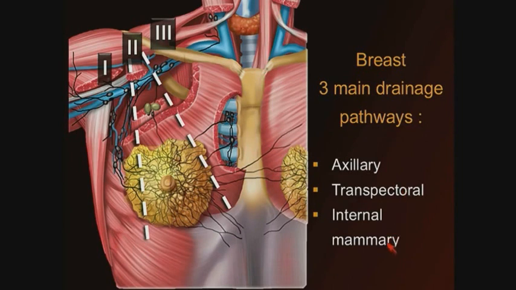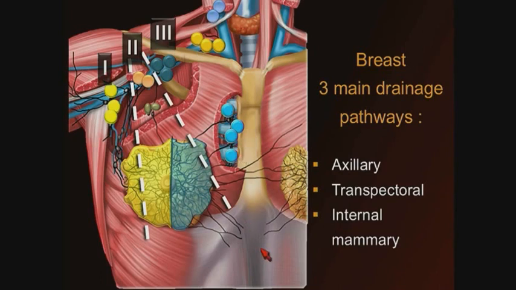We have the axillary nodal groups, we have transpectoral lymph nodes, and we have internal mammary. If you remember from anatomy, the external portion of the breast mainly drains into axillary lymph nodes, and these axillary lymph nodes are separated in three different groups by the pectoralis minor muscle. And then the medial aspect of the breast mainly drains into internal mammary lymph nodes, and then they all drain into cervical lymph nodes.